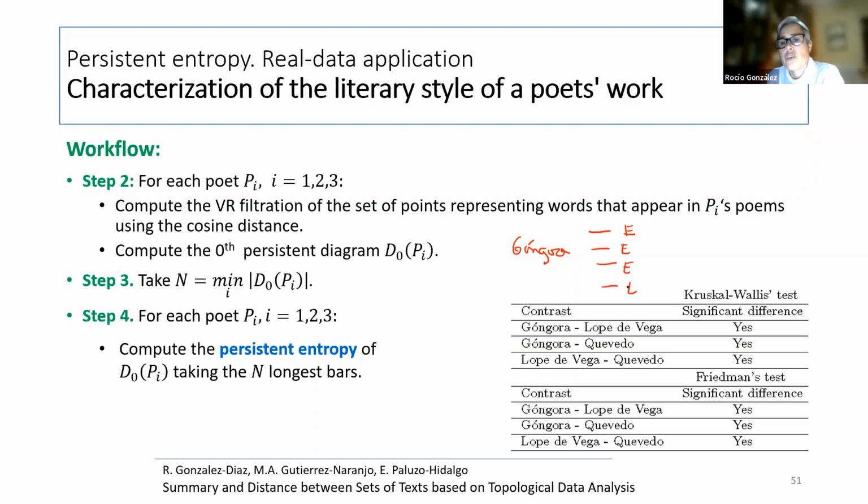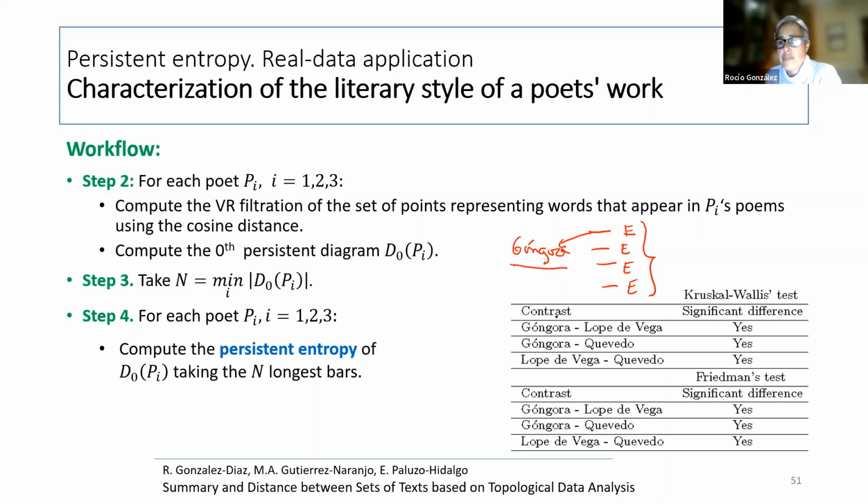We wanted to know if the value associated to each point is representative for each of the poets, or if they are just numbers that don't have to do with the poems.